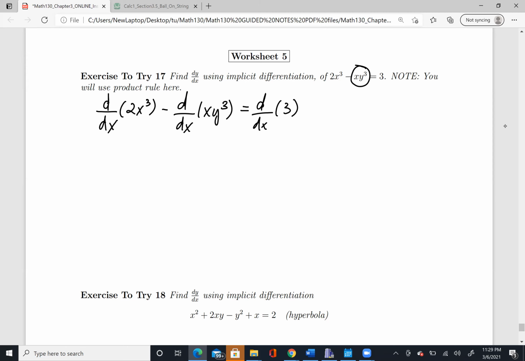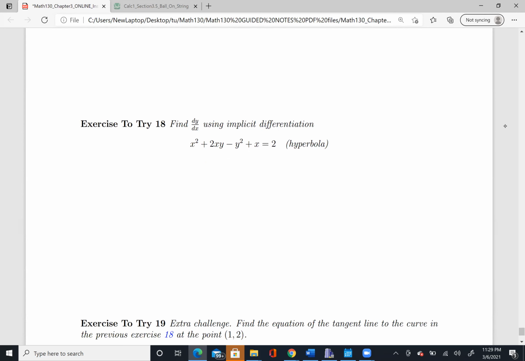Remember that you need to apply the product rule for the middle term in this column, right? And then finally, later on, you try to isolate the y derivative.